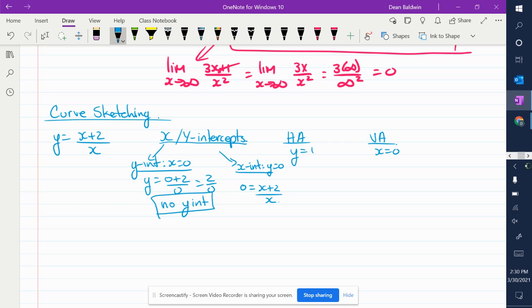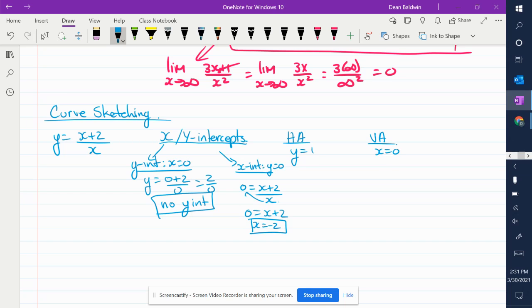How do you solve this? You can multiply the x up to the other side, which essentially makes it go away, right? So that's 0 is equal to x plus 2. So my answer is -2.